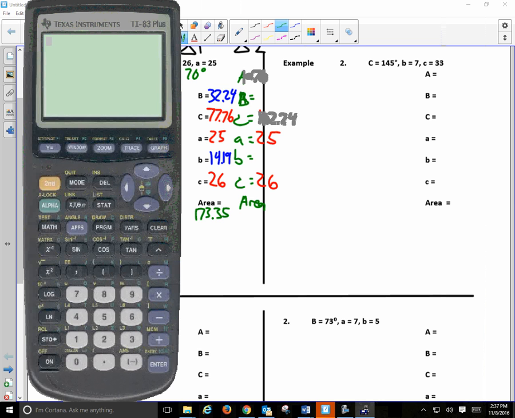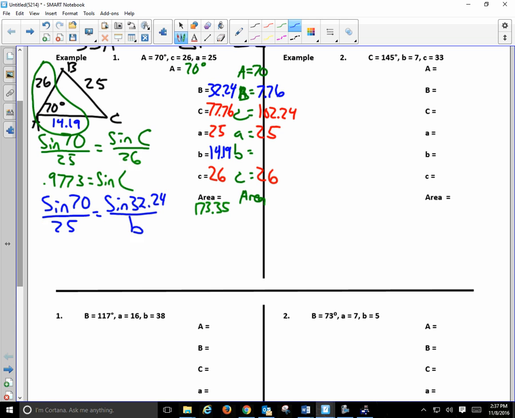Let's do the other one. We now want to find this one. 180 minus 102.24 minus 70. Set up your law of sines.